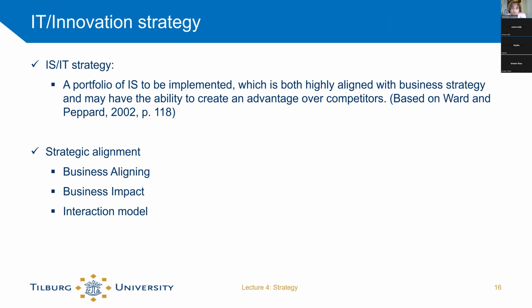You can imagine that based on your business strategy, you want to develop an IT, innovation or information system strategy. An information system strategy is thinking about the information and the technology that you need in your organization to make sure that you attain your overall business strategies, and that may grant you an advantage over competitors.